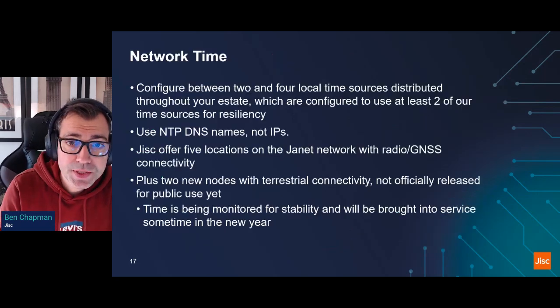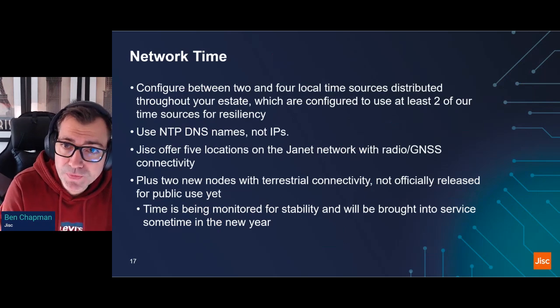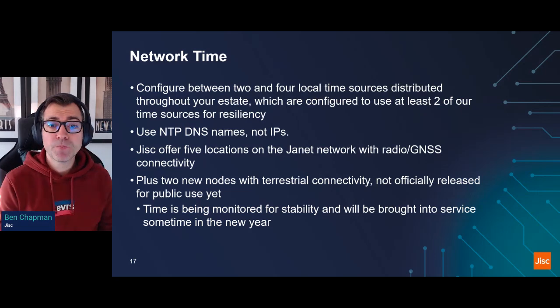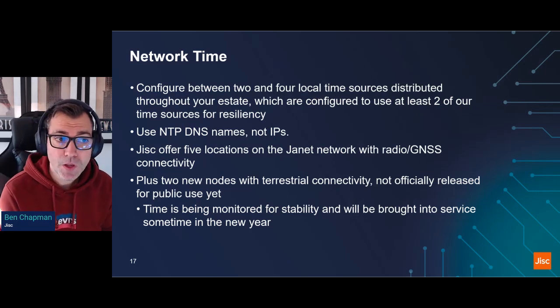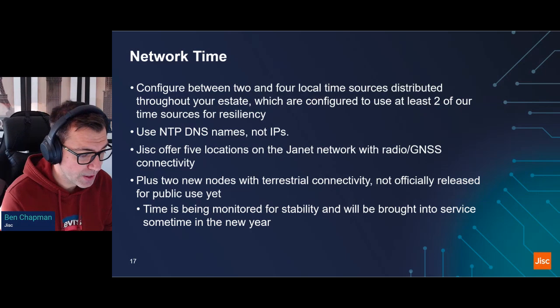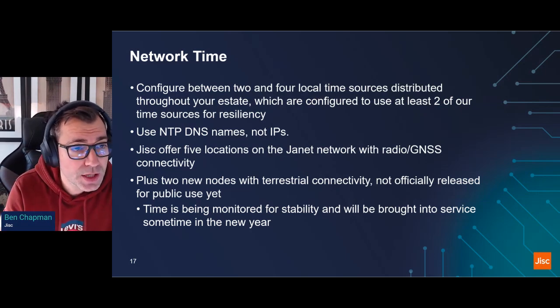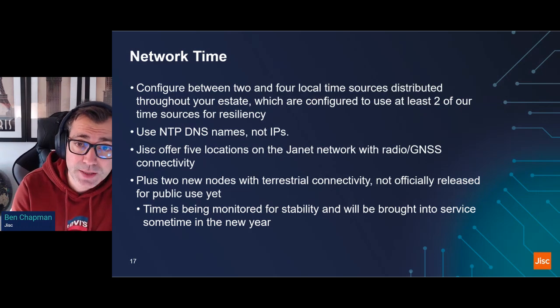So a little bit about network time. Please configure between 2 and 4 local time sources distributed throughout your estate. We have NTP 0, NTP 1, 2, 3, and 4.ja.net. If you want to get in touch with us to set that up, then please do so via help@jisc.ac.uk.